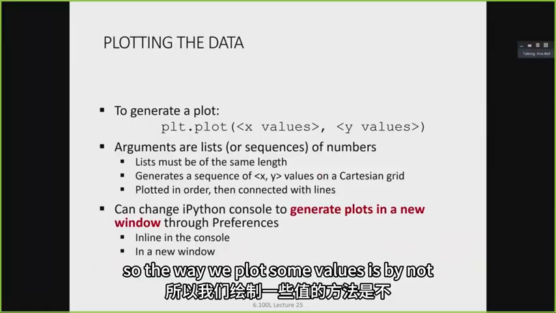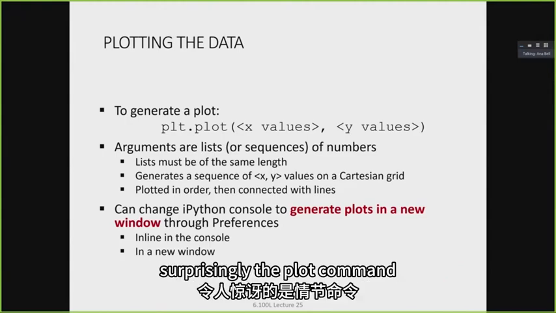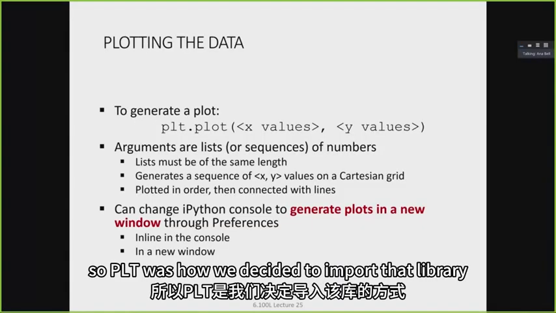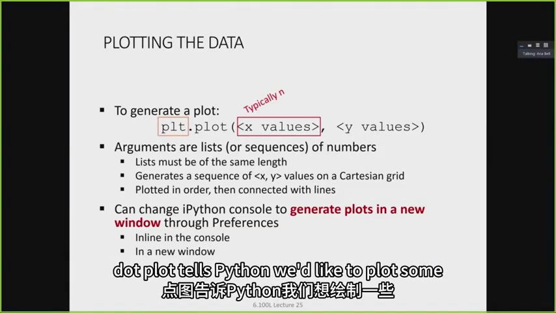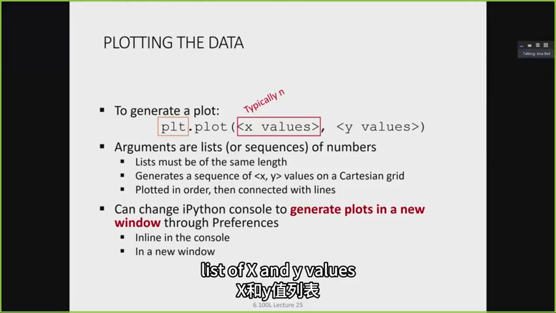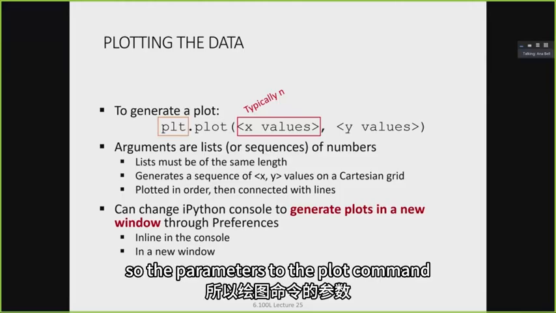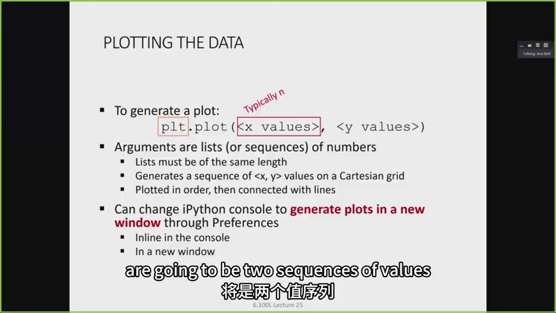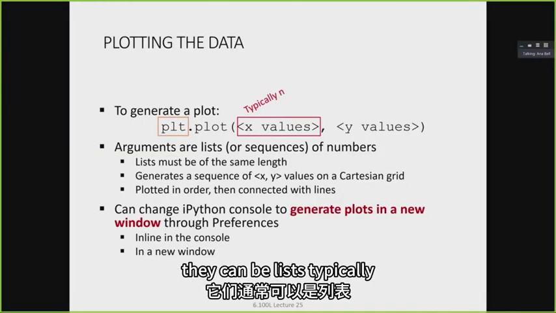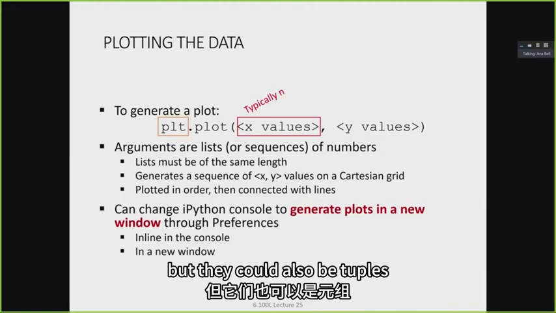Okay. So the way we plot some values is, not surprisingly, the plot command. So plt was how we decided to import that library, the name that we gave it. .plot tells Python we'd like to plot some list of x and y values. So the parameters to the plot command are going to be two sequences of values. They can be lists, typically, but they could also be tuples.